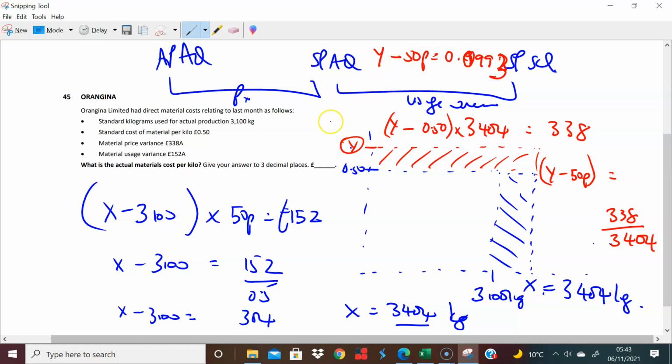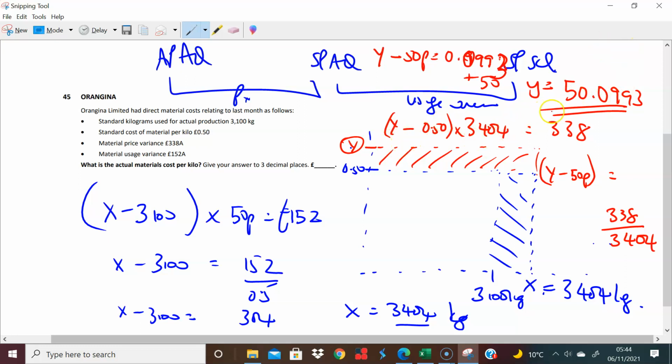So that means that Y, of course, is equal to, add 50p to both sides, so this becomes plus 50, so you have 50.0993, and that's the price that you actually paid.